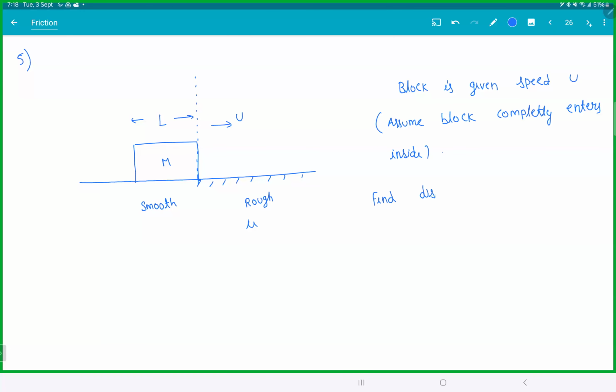Find the distance traveled by the block before it stops. Let's get this.